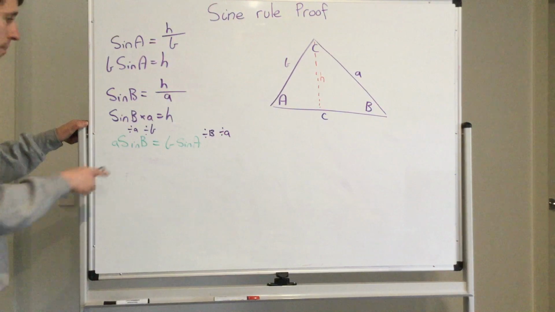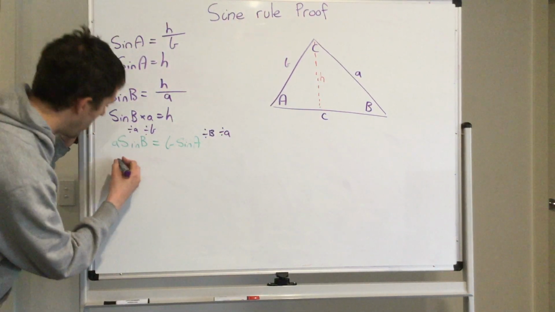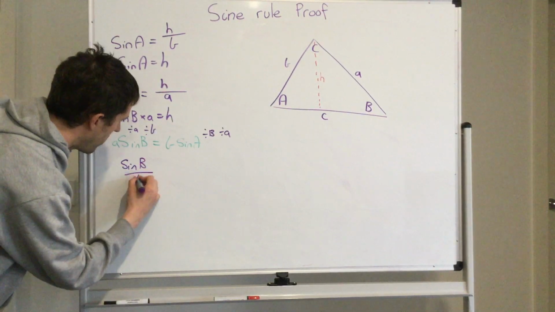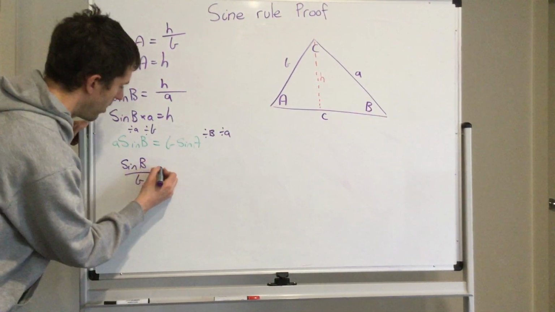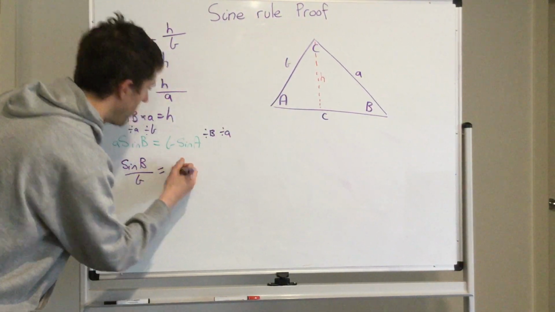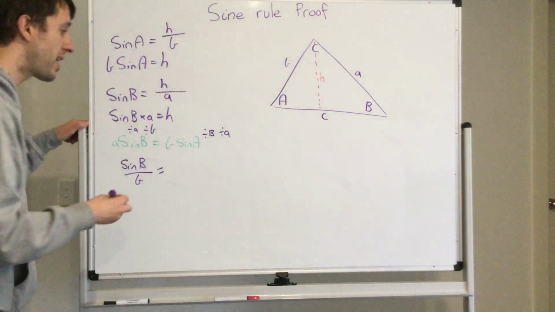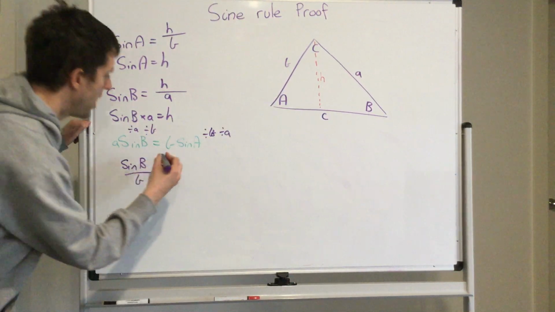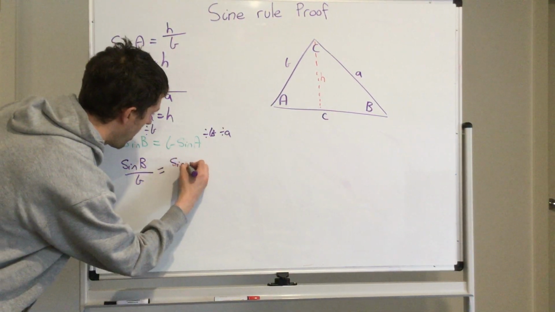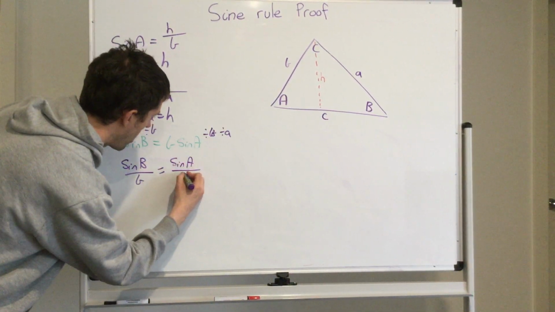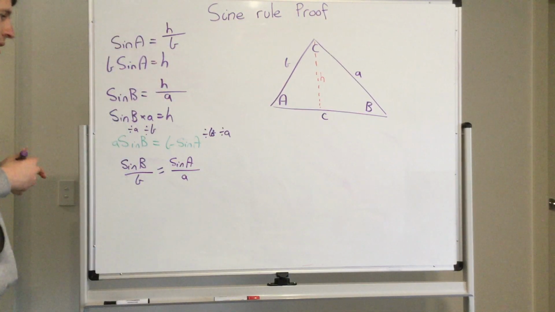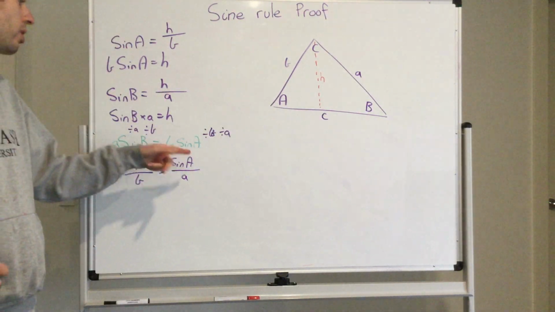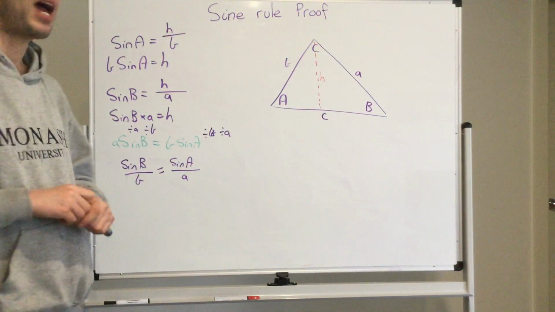And we get the form, the a's cancel out and we get sine B over b equals, and the b's cancel out. I should use a lowercase. Sine A over a. So sine B divided by b is equal to sine A divided by a.